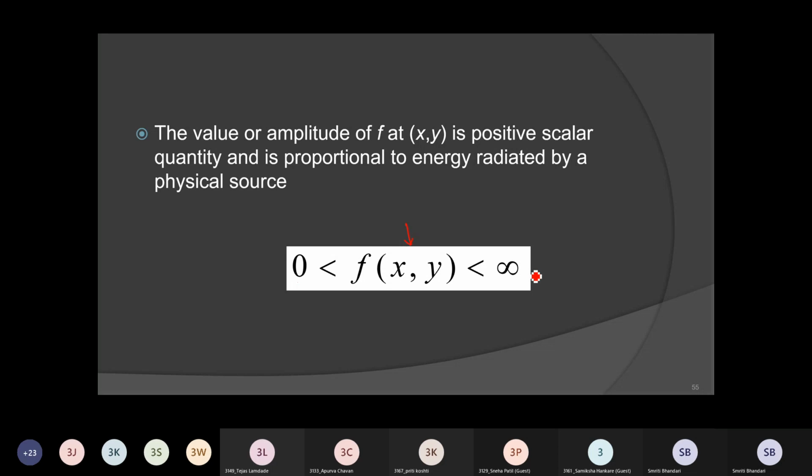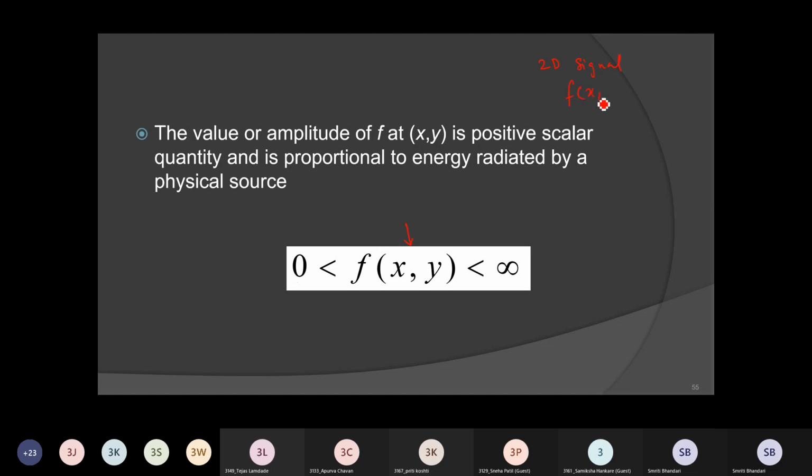So whenever we are saying that we have formed one image, what does it mean? It means that whatever is the energy that is reflected from the scene is being acquired and integrated by my imaging sensor, right? And I'm having now one two-dimensional signal with me.